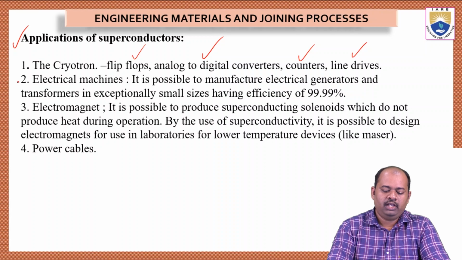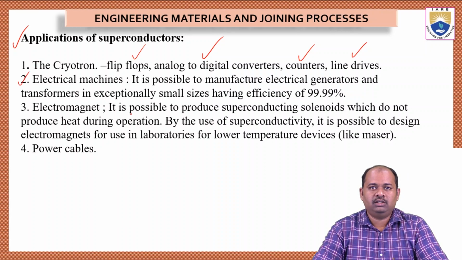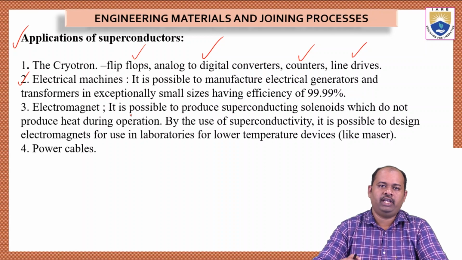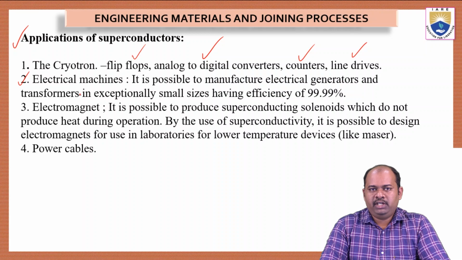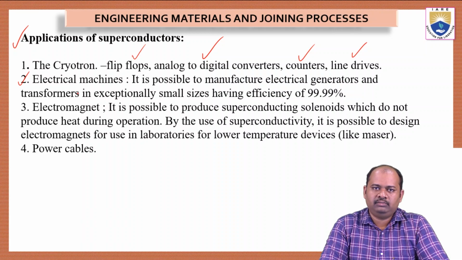And then we have electrical machines. It is possible to manufacture electrical generators and transformers in exceptionally small size having an efficiency of 99.99%. So the superconductors are the materials which will have absolutely zero resistance. They can easily conduct any amount of electricity through them.